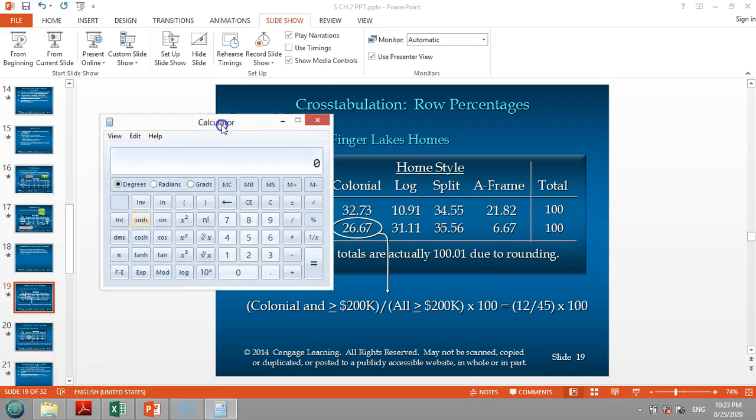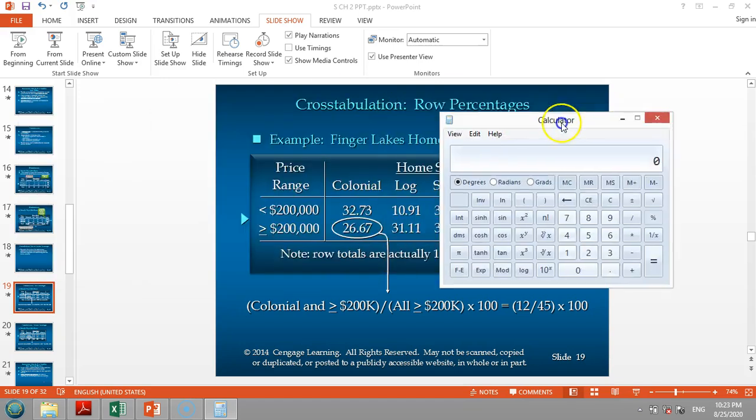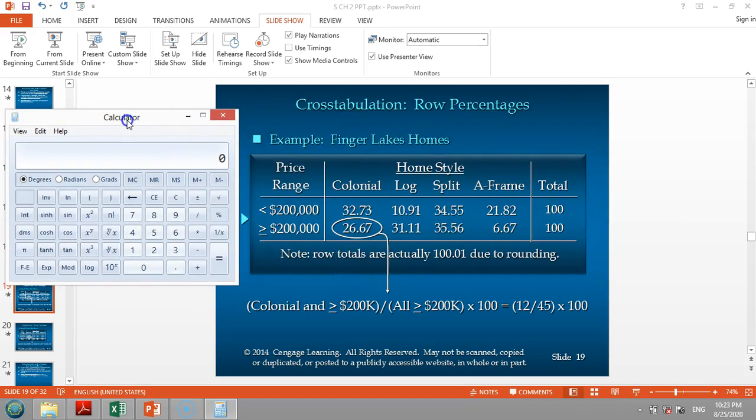Do you see the calculator here? And then what do you do? 55 times x equals 100. So I do 100 divided by 55, and I get 1.81. So I multiply every single number there.